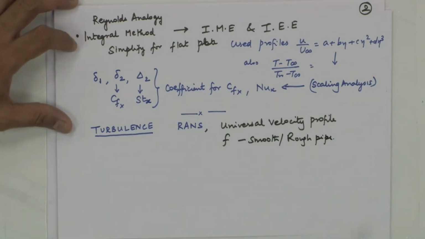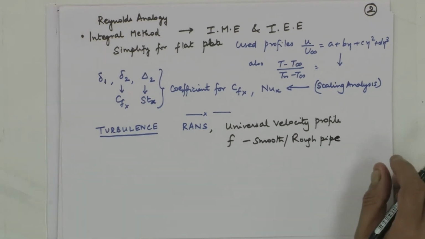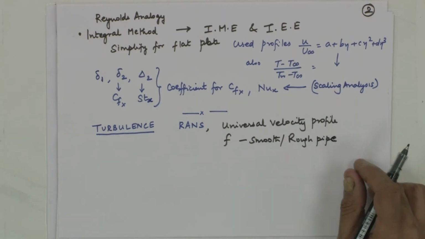About 7 to 8 modules on turbulence was delivered, and this we do not teach at an undergraduate level so much, but this would give students an appreciation of the complexity of the problems that would be there in real life. Then we went on to natural convection.